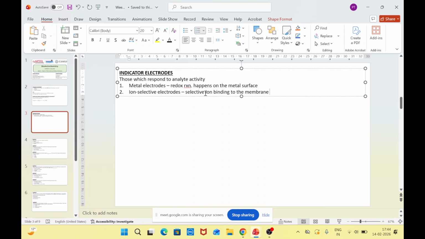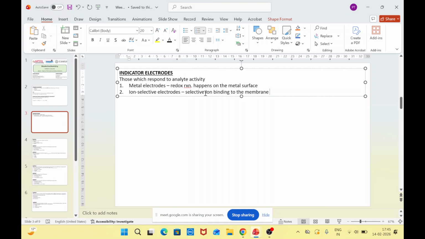Due to this selective ion binding, a potential is usually generated, a voltage difference is created across the membrane, and that potential difference is what is usually harnessed.